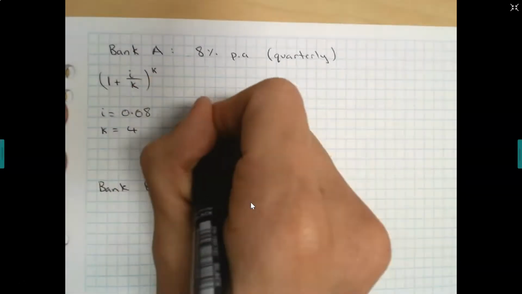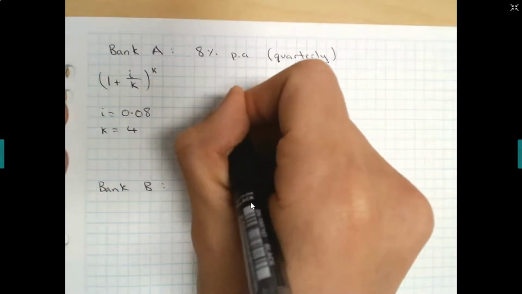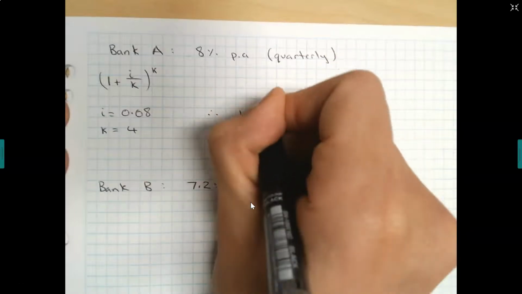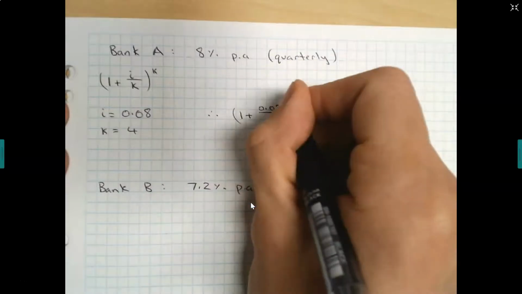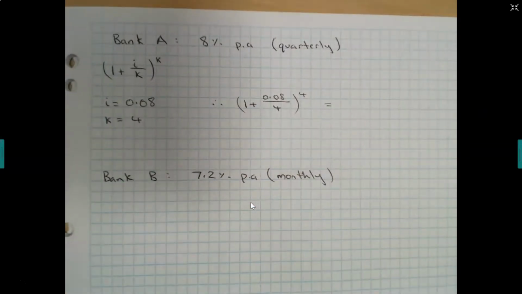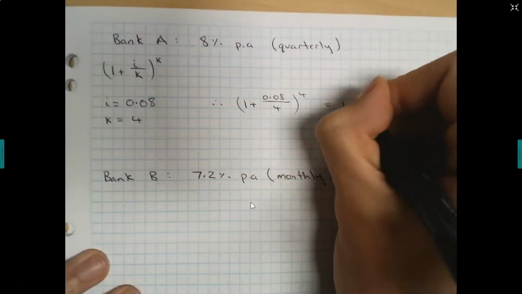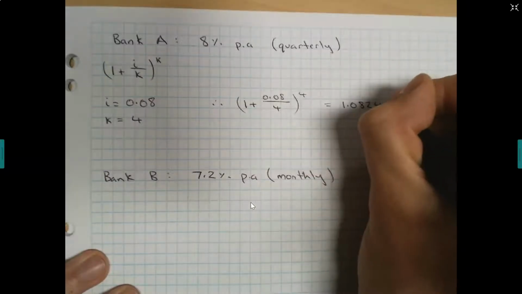So therefore, we have 1 plus 0.08 over 4 to the power of 4, which gives us 1.0824.